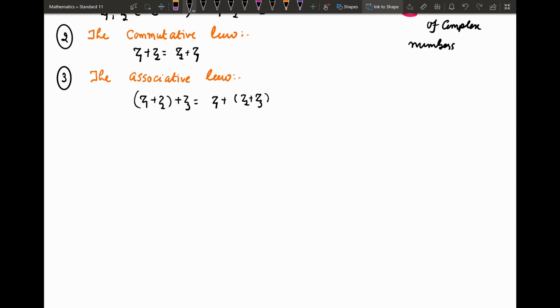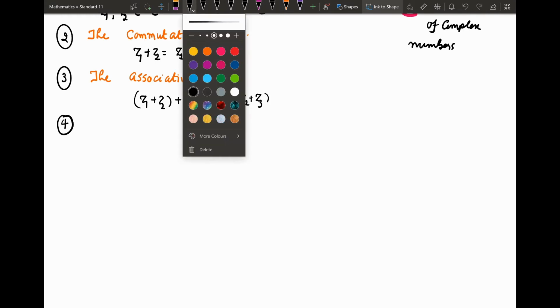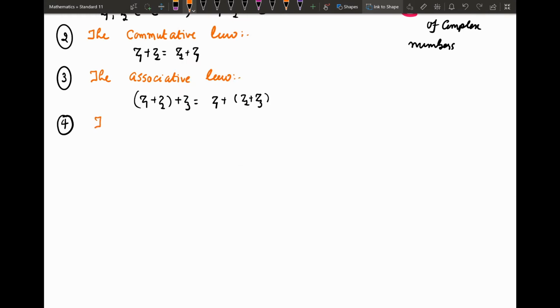Fourth one, the existence of additive identity.